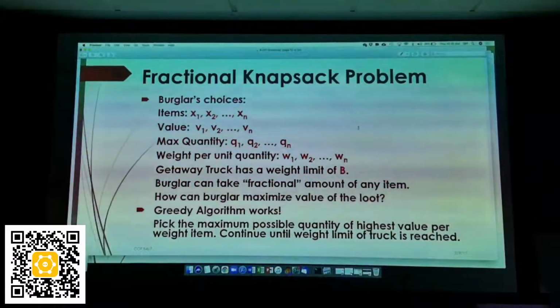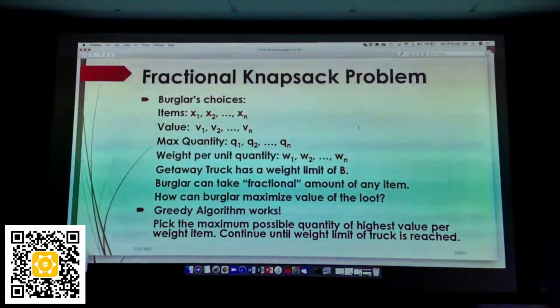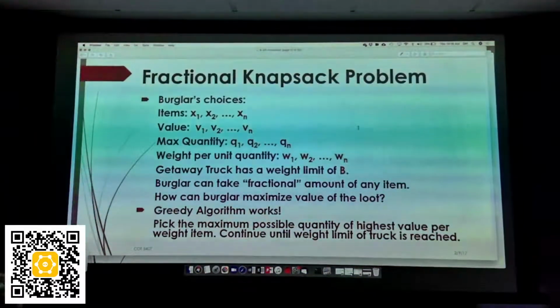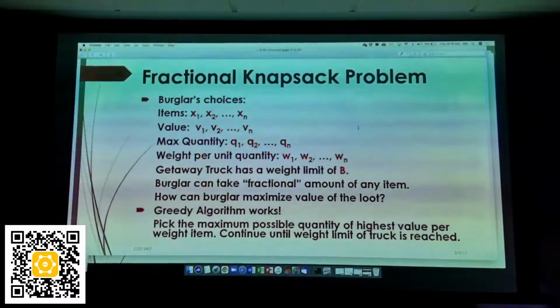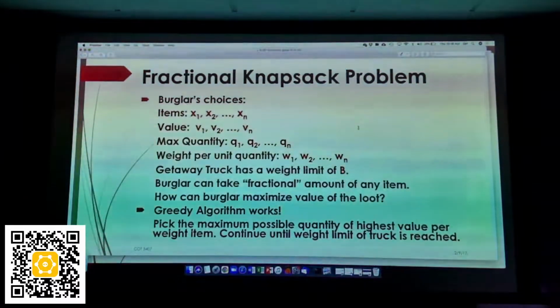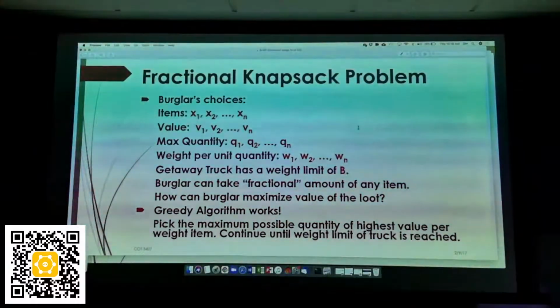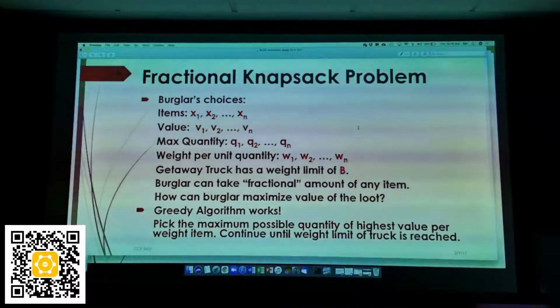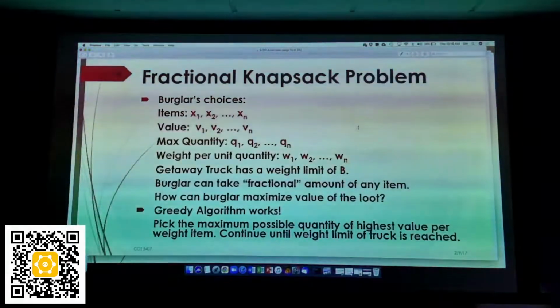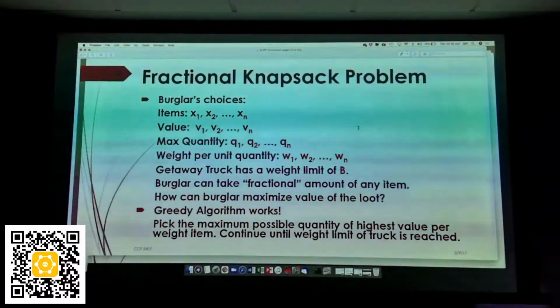Instead, think of it as a warehouse where you have a sack of bricks, you have a sack of gold bricks, you have a sack of some jewelry, diamonds, etc., etc. And the burglar can take any amount of any quantity of each of these that he or she wants.